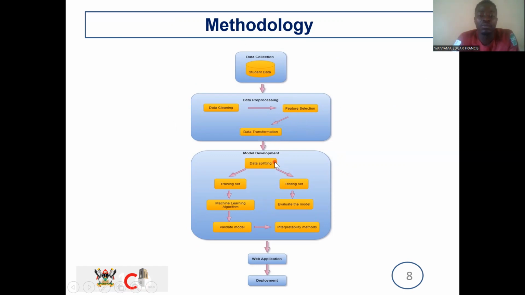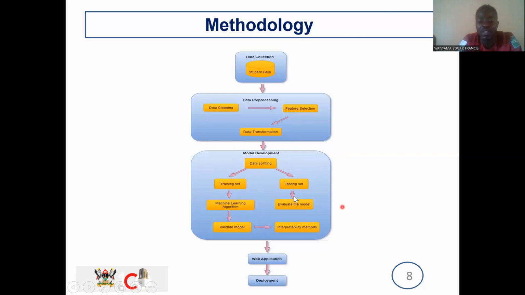Then when we come to model development, we shall split the data into the training set and the test set. The purpose of data splitting is to evaluate the model's prediction. After that, we shall apply the machine learning models on the training set to see what results they give us.